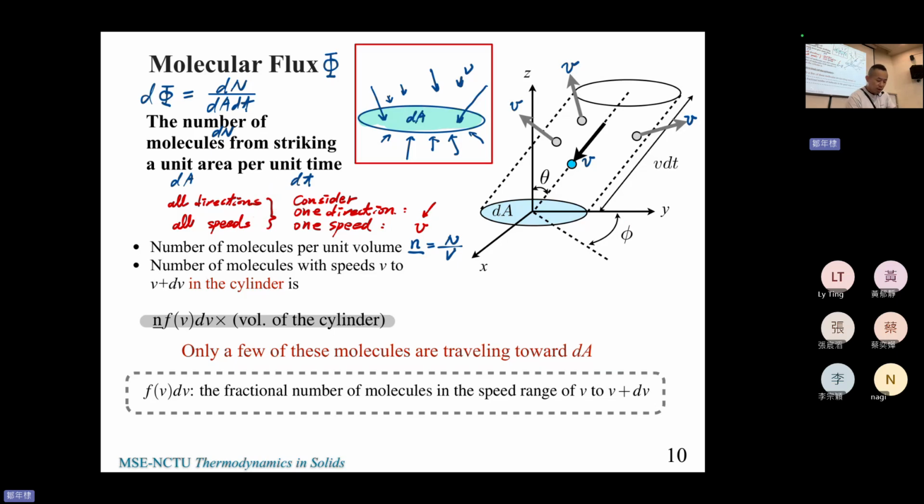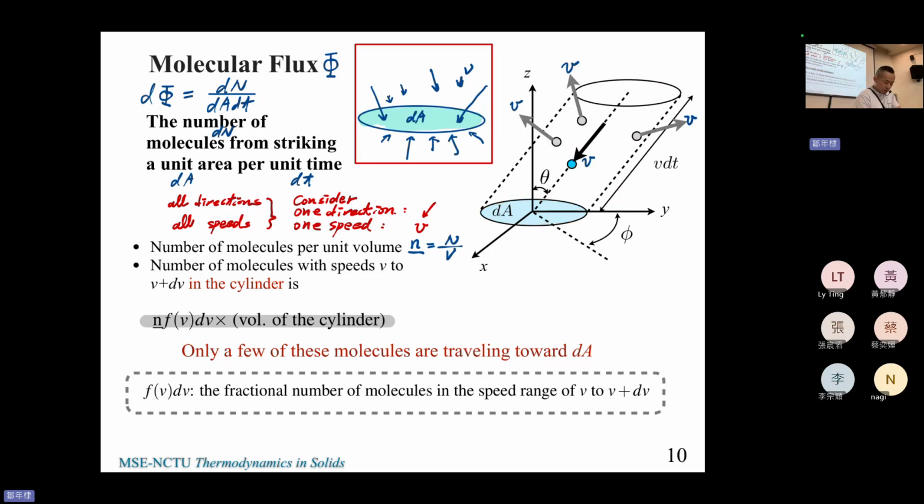So consider all the atoms with V, and only one direction. Only the atoms in this cylinder can possibly hit this area.